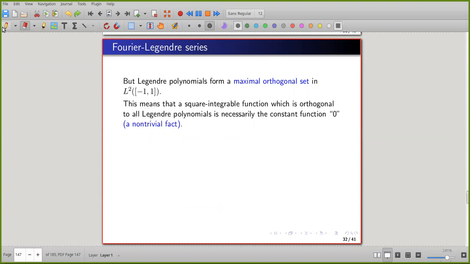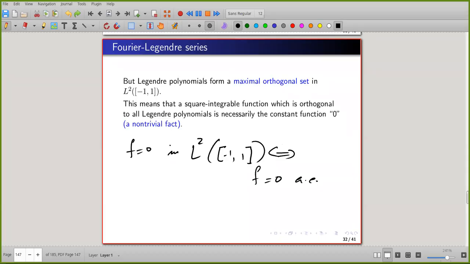So f is equal to 0 in L2, let me just use this term, minus 1 comma 1. The meaning of this is f is 0 almost everywhere.